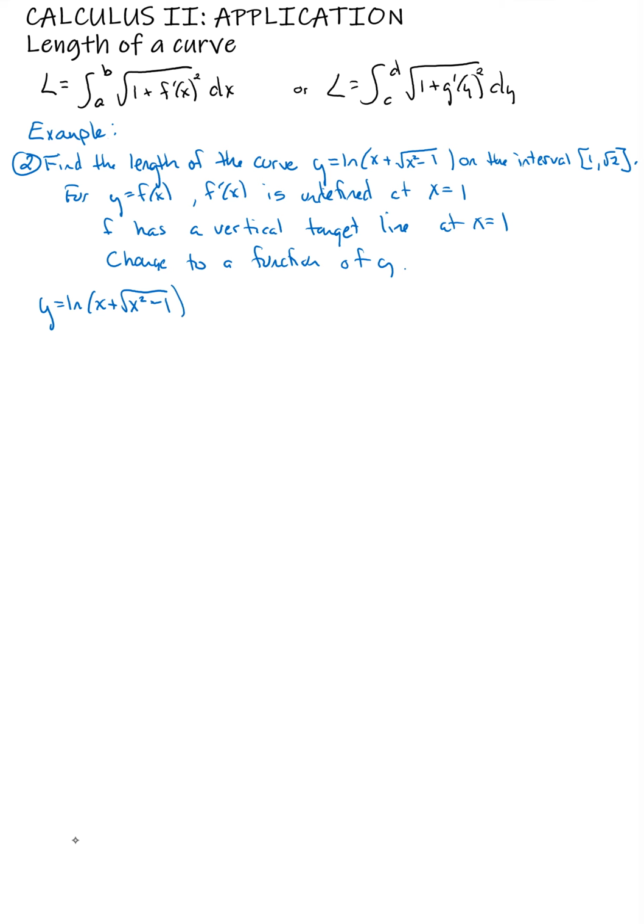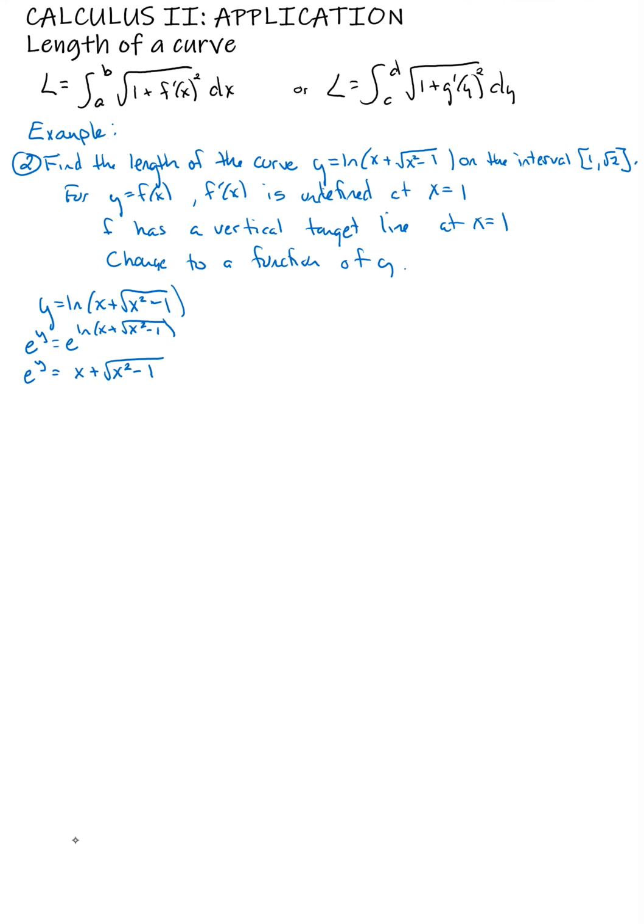So I need to get rid of that natural log. One way to do that is using its inverse function, which is the e function. So we have e to the y is equal to x plus the square root of x squared minus 1. All right, so on the part with the x's, I've gotten rid of the natural log.